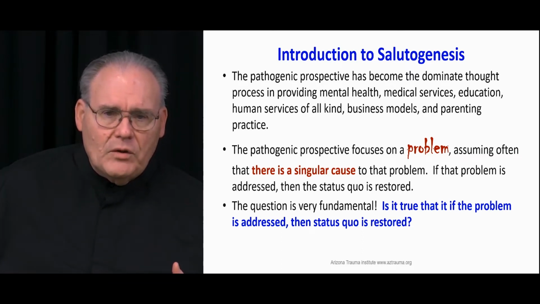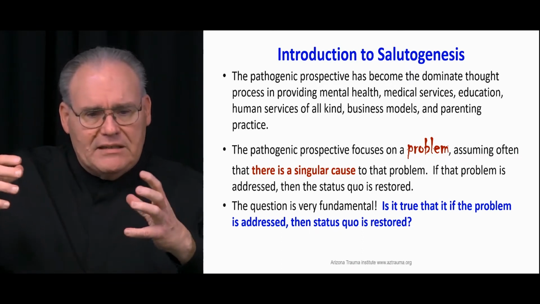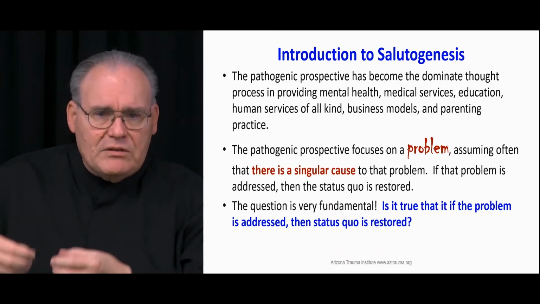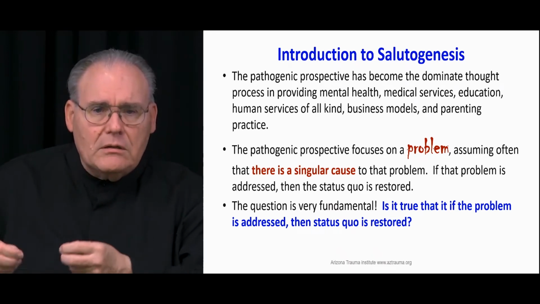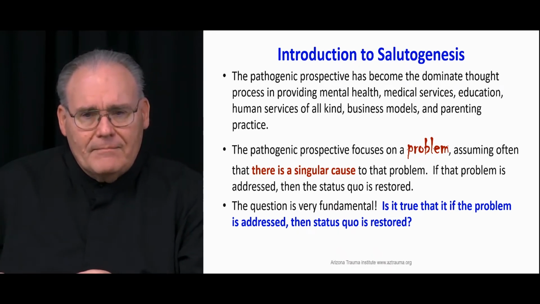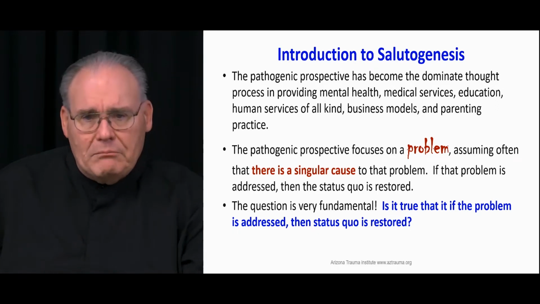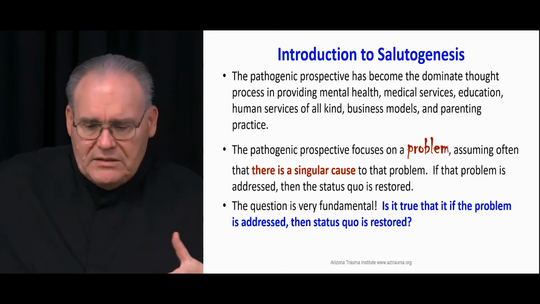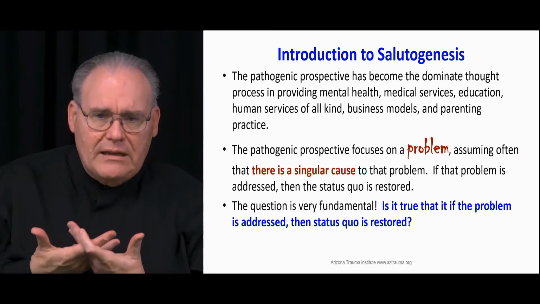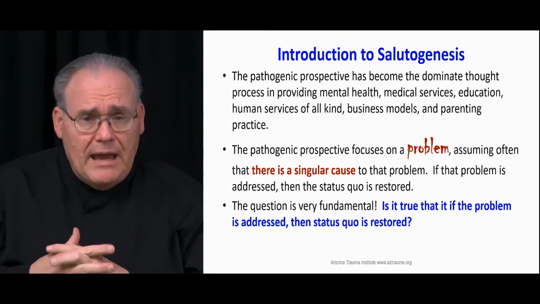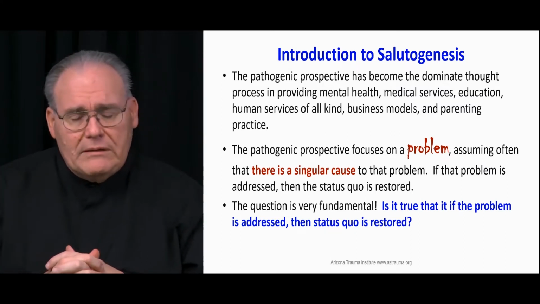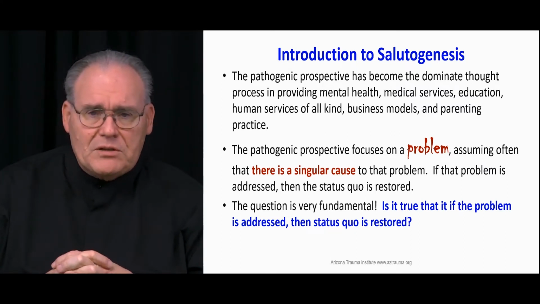Well, what they've done is taken a complex set of behaviors and reduced it to a single cause. And they try to treat the problem rather than addressing the environment that's creating this. And that's problematic. It's one of the shortfalls of a pathogenic perspective.